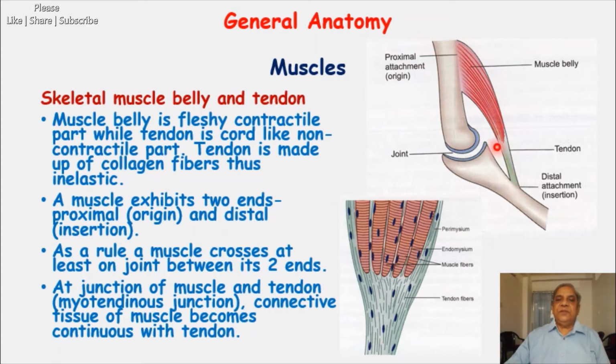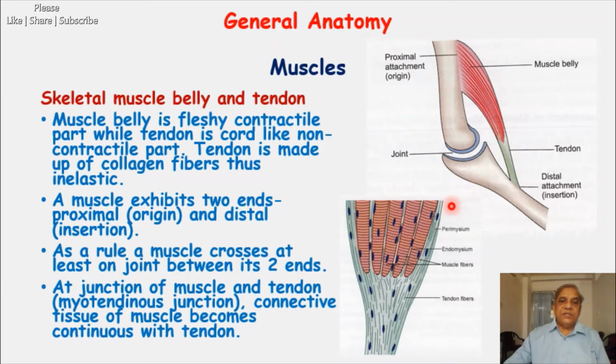When this muscle belly contracts, through its tendon it will pull this distal bone, and the distal bone will be lifted up in this case, and thus a movement will take place at a joint. If this muscle is not crossing any joint, then there is no use of having a muscle, because the skeletal muscle is for the movements of the bones at a joint.